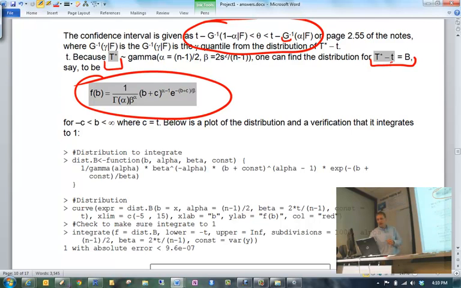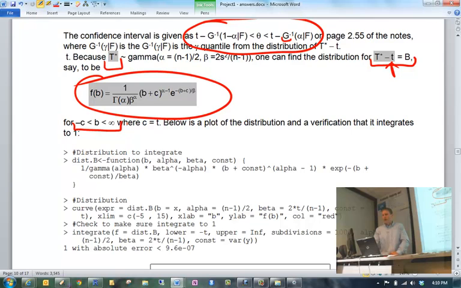So after all, this is just a constant. And the support for the distribution is negative c to infinity, where c is equal to t. I just wanted to get t totally out of there to avoid confusion, so that's why I put a c there. So this is the distribution of t star minus t.